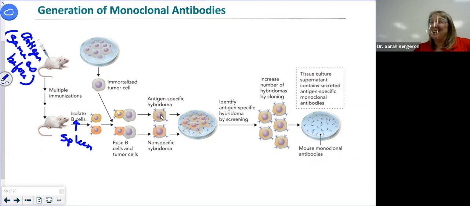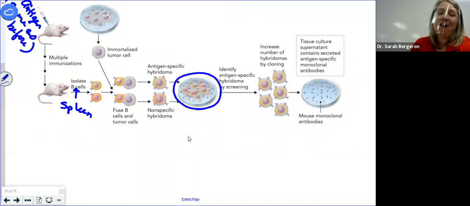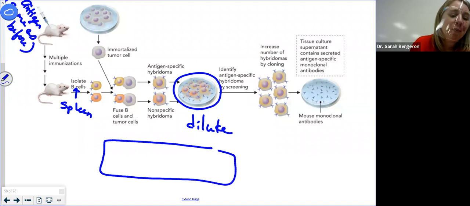Cool, right? Now, what we do is, and I hate the way that they did this. You're going to have this collection of hybridoma cells. And what you do is you dilute it. You dilute it so much so that you can put it on a plate that has individual wells, right?